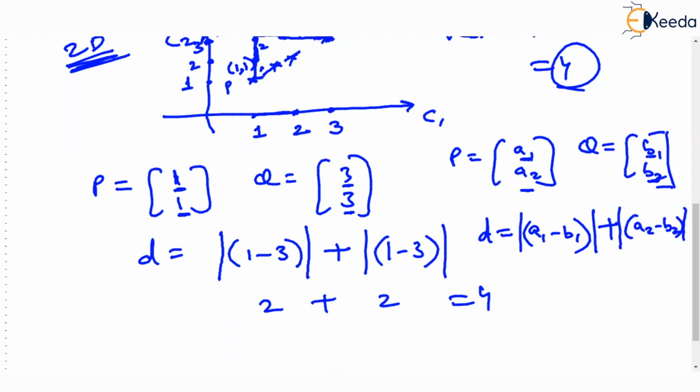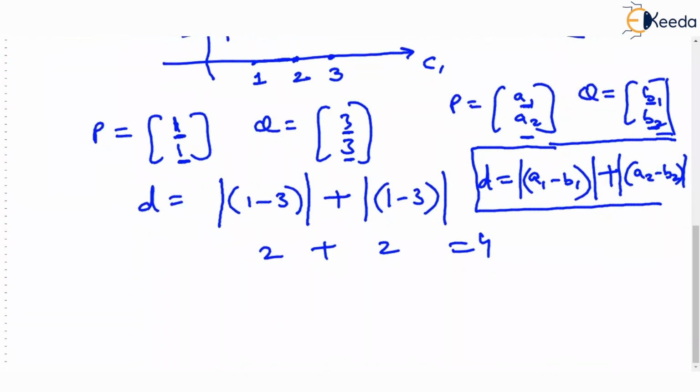Are you finding any similarity of Manhattan distance with Euclidean distance? You'll say, no, sir, absolutely not. We are not finding any similarity. Yes, you can find one similarity. If you wanted to find the Euclidean distance between A1, A2 and B1, B2, let me write it again.